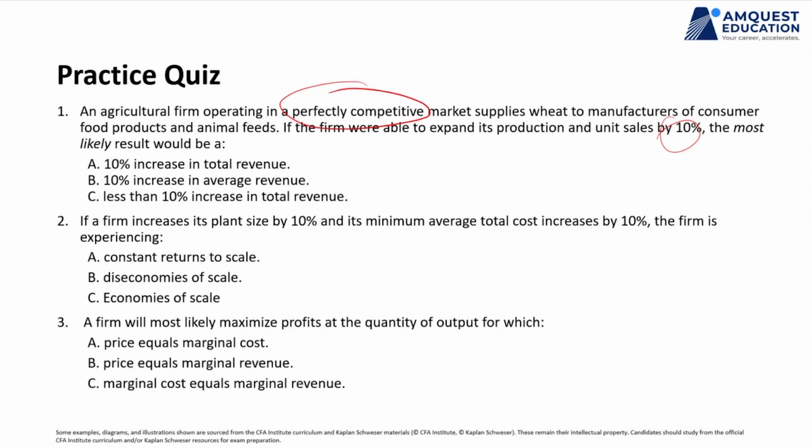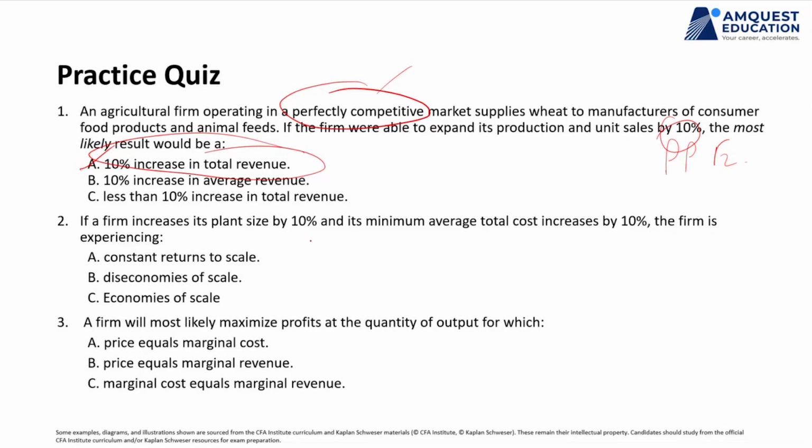What's the answer? Because of perfect competition, the elasticity is more or less the same. So if I increase my production and sales by 10%, don't forget the pricing is fixed. It's perfect competition, so with price fixed, your total revenue will also increase by 10%. If it was a case where your price would decrease, then obviously the average revenue will reduce, and your total revenue would increase by less than 10%. But here it will be the same increase, right or wrong?